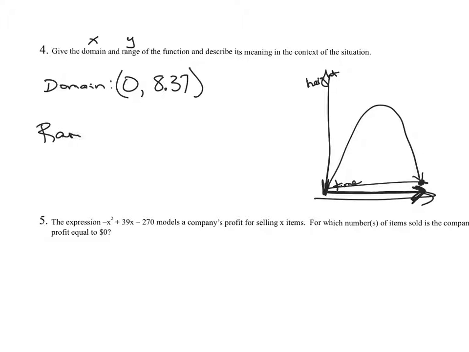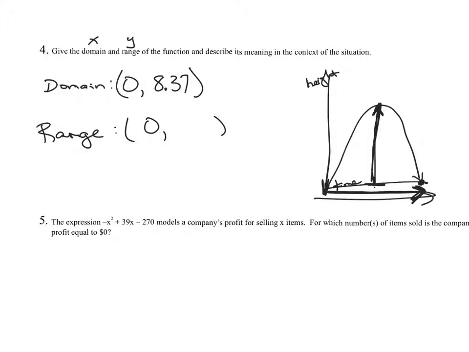For our range, we're looking at how high it went. Okay, so this is where the vertex comes into play. How high did that object that we launched go? Okay, so it started at the ground, which was at 0. So we started at 0, and then how high did it go?